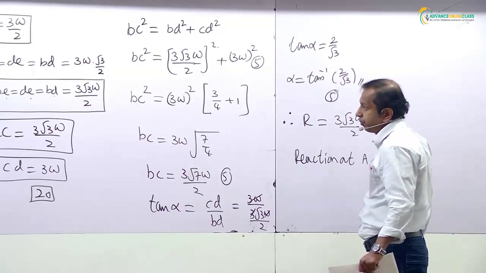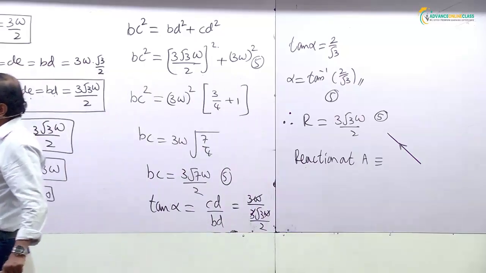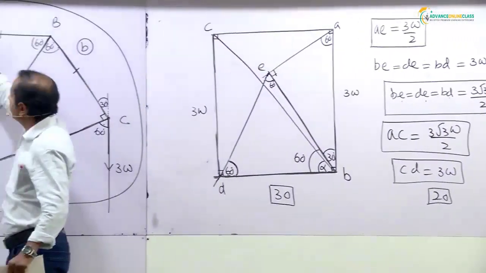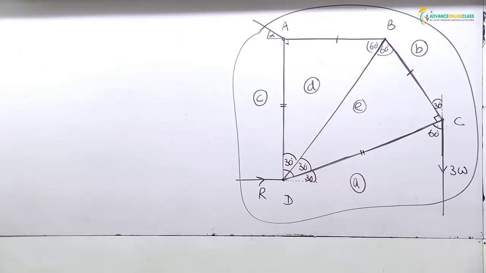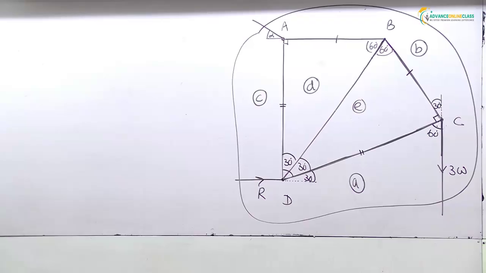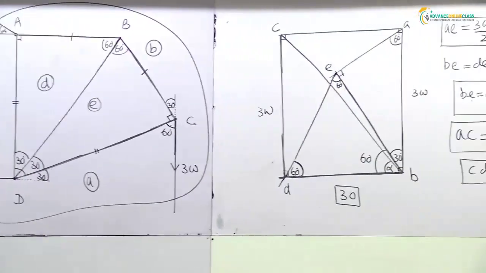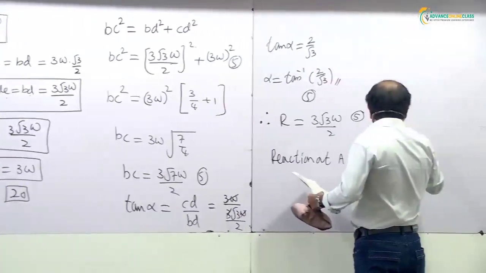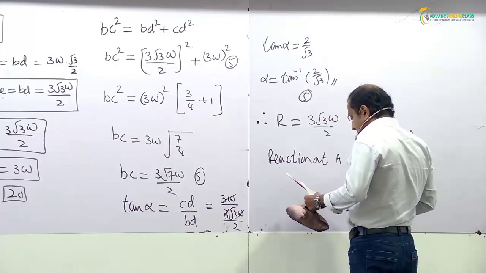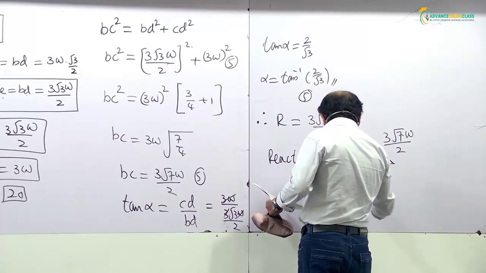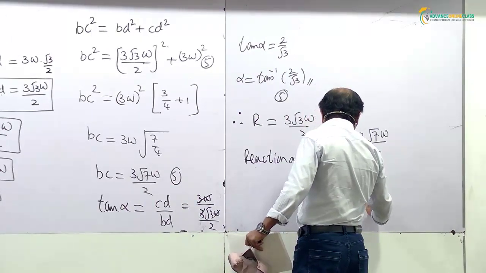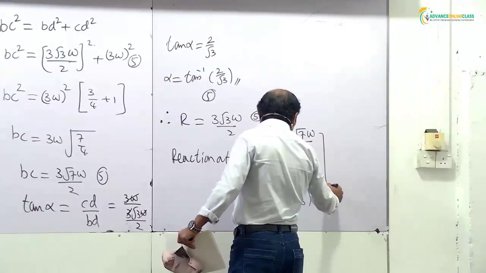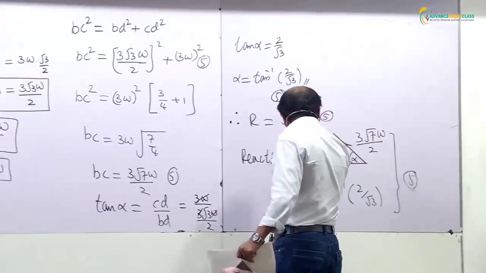Why do we take this direction? The reason: when you turn around A, BC moves this way. That's why we put the arrow that way. This is alpha, tan inverse 2 over root 3. You must write this; 5 marks are coming.